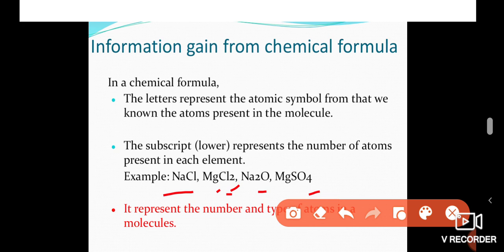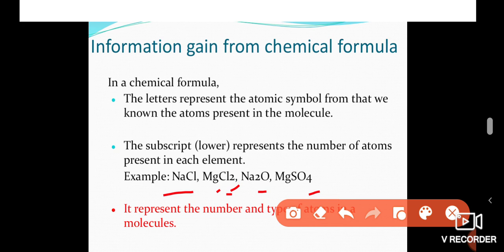Look at the third example, Na2O. The symbol Na represents the atom sodium. The symbol O indicates the atom oxygen. After Na the subscript 2 is there.